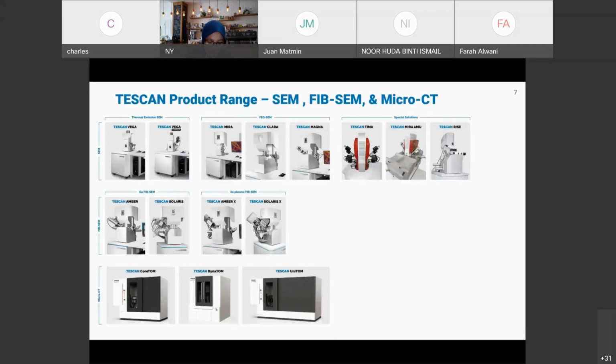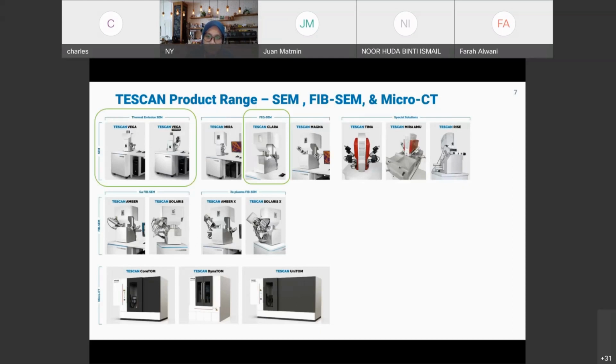And in TESCAN, they have all kinds of the products that I have just listed. The first one highlighted in green is the normal SEM, be it a tungsten type or a FE-SEM type. Then we have the SEM able to see charging material under high vacuum.